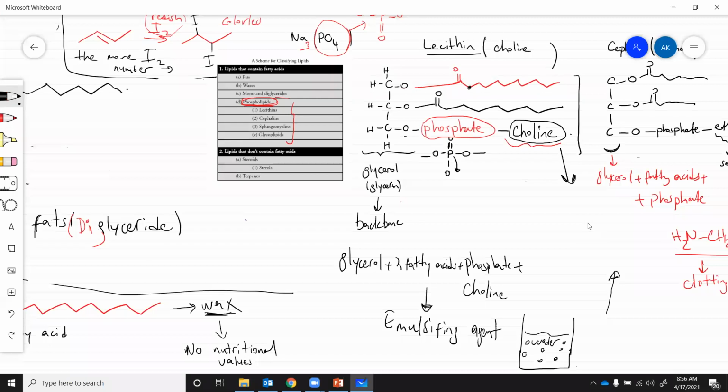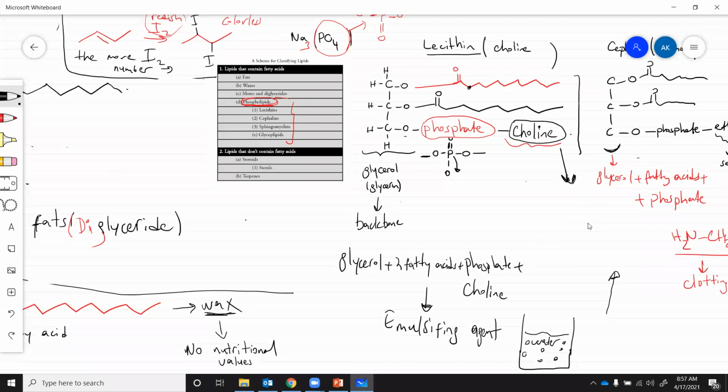The choline is, I will just say, a nitrogen containing compound. You don't need to know the structure; I don't think it's going to be really informative for you in this case. So it's called a nitrogen containing compound, a compound which has a nitrogen in it. Make sense? Again, the molecule is called choline.